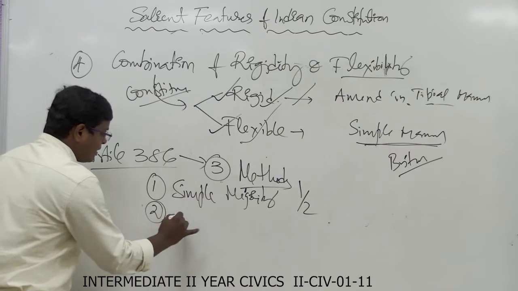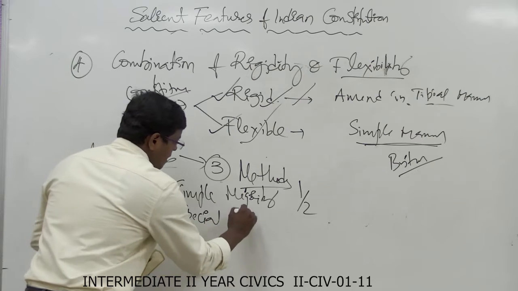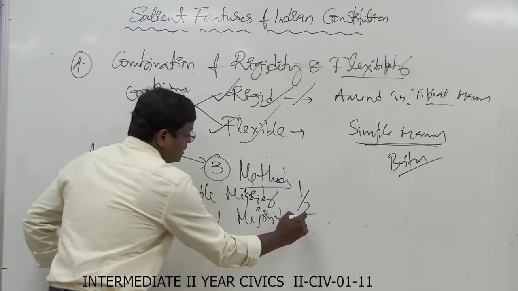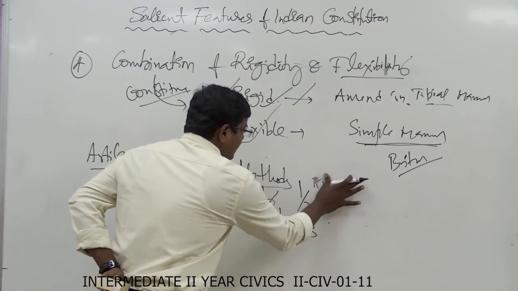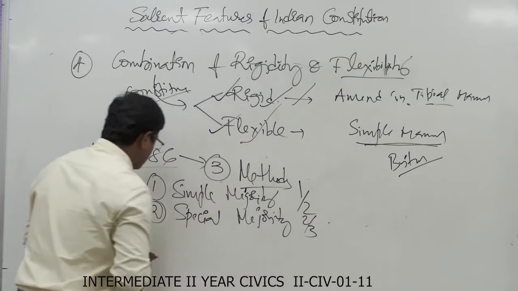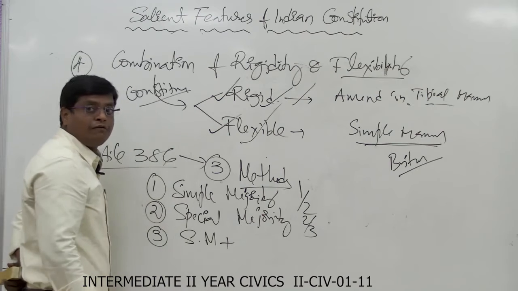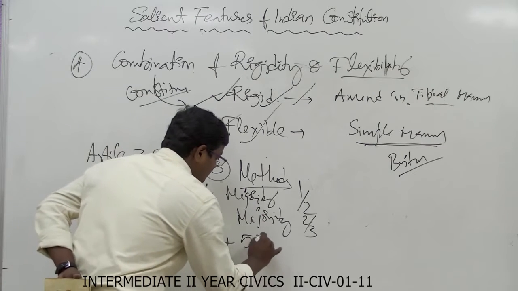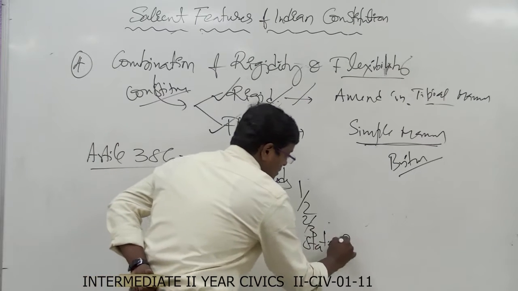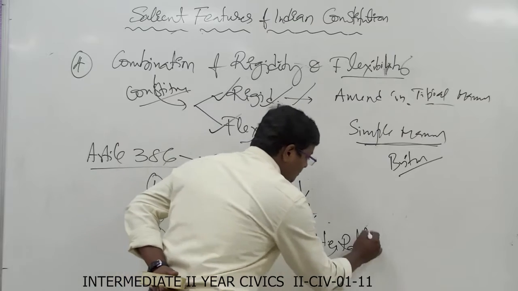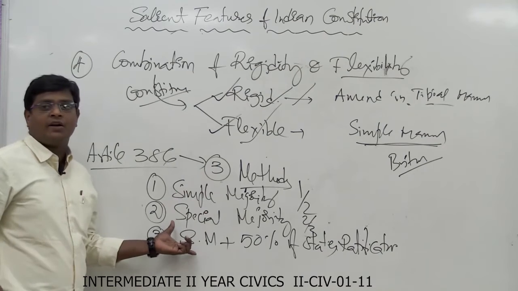And the second one is special majority, which is 2/3 majority. And the third one is special majority with 50% of states ratification. Keep in mind, all of you.